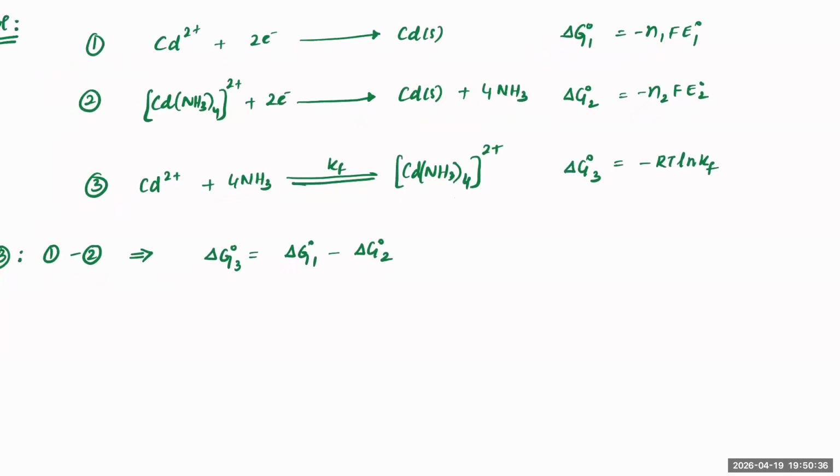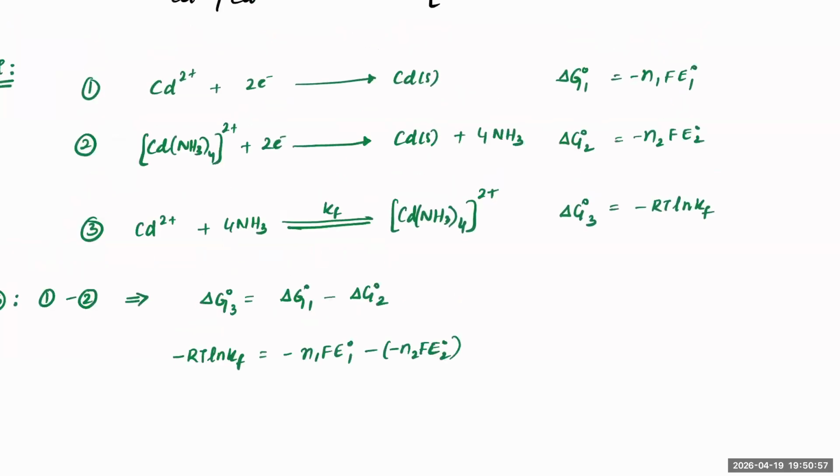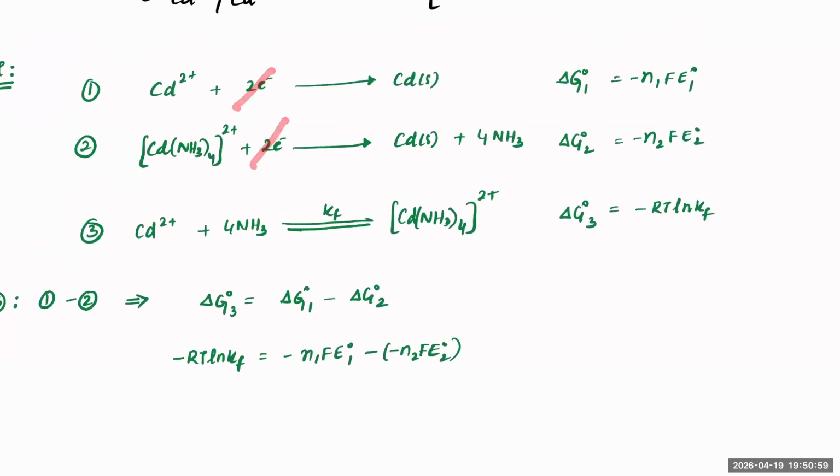Now delta G naught value will be equal to minus RT ln Kf, which will be equal to minus N1 F E naught 1 minus of minus N2 F E naught 2. If I take this, you know that the N value is common in all of them, which is 2.